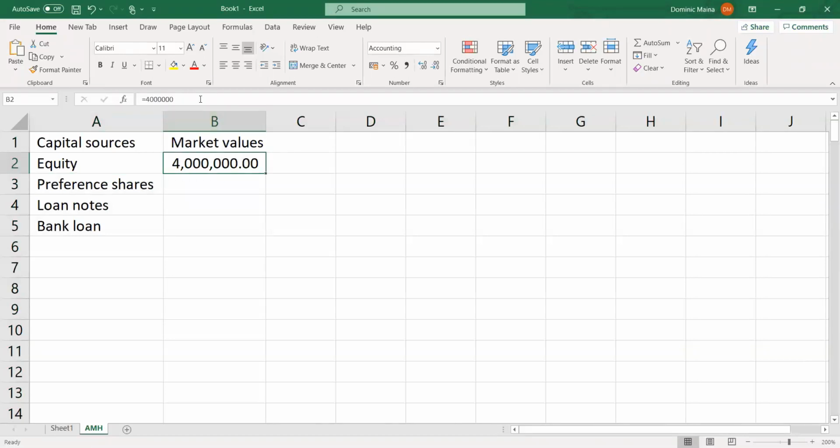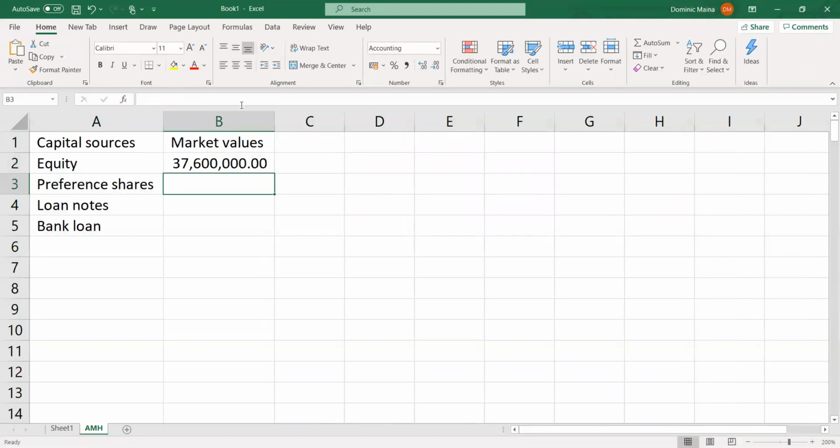Anyway, so 4000 divided by 0.5 gives the number of equity shares, multiplied by the market value, which is equal to 4.7. We multiply by 4.7, the ex-dividend market value per share, and that gives therefore the market value of equity.